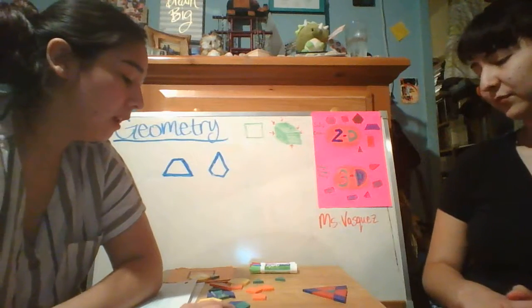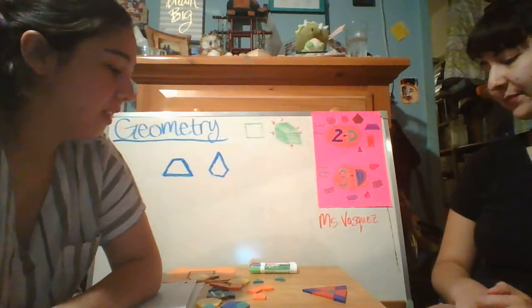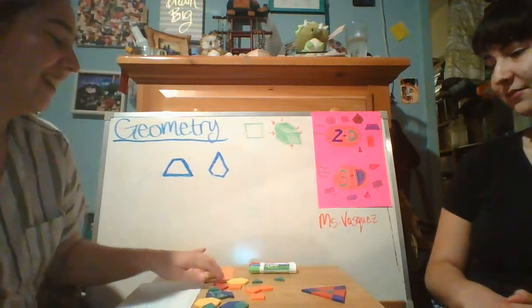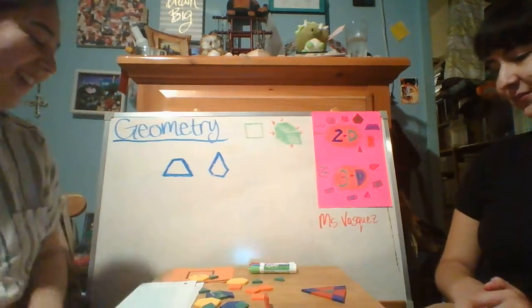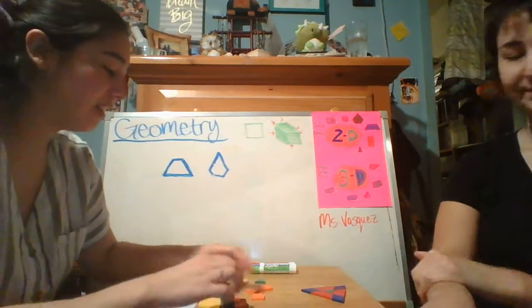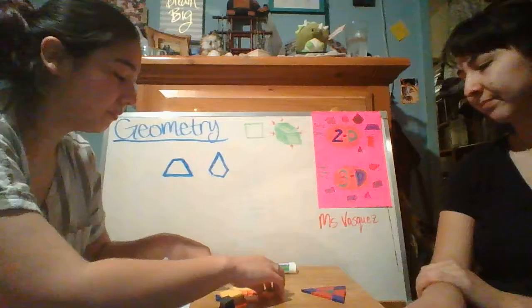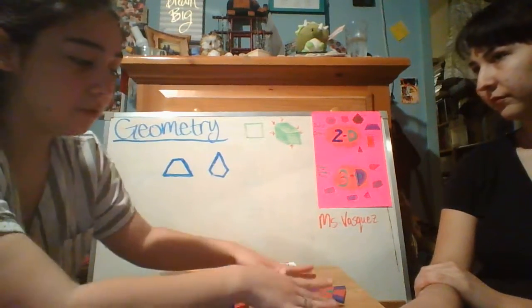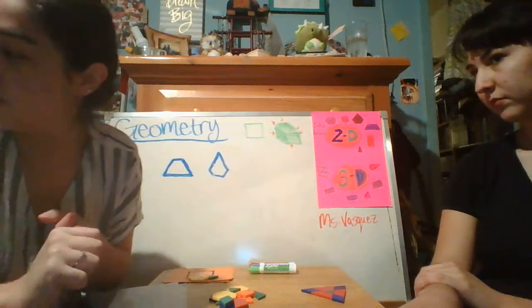And how many parallelograms? 3. And I'm sorry, trapezoids. 3. Okay. So moving on to our three-dimensional figures, I would have my students sketch out what they've drawn on the table into their math journal.